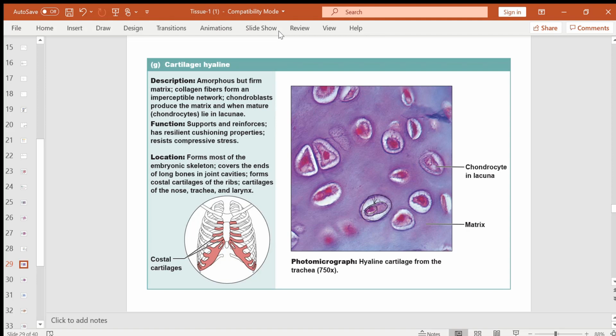Okay, so this is lacunae and this is the cell, chondrocyte. So we can say chondrocyte in lacunae.